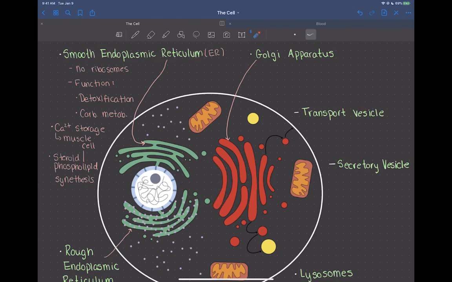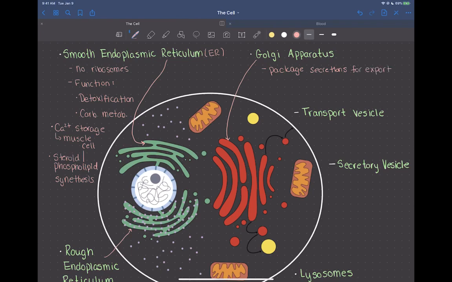And the function of the Golgi is to package secretions with things like proteins for export, all right? So it's kind of the UPS center of the cell. So package secretions, things that are going to be secreted, released from the cell for export.